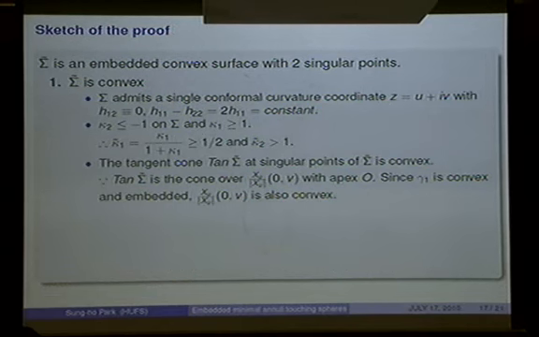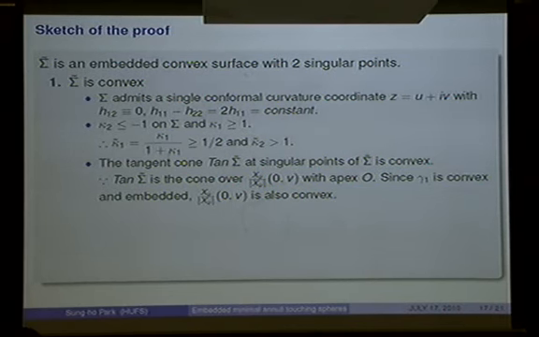To prove my theorem, I considered the -1 parallel surface, and I actually showed that sigma tilde is an embedded convex surface with 2 singular points. The convexity of sigma tilde can be proved as follows. I told you that sigma admits a single component coordinate with this property, and I showed that kappa 2 is always smaller than or equal to -1, and kappa 1 is bigger than or equal to 1.